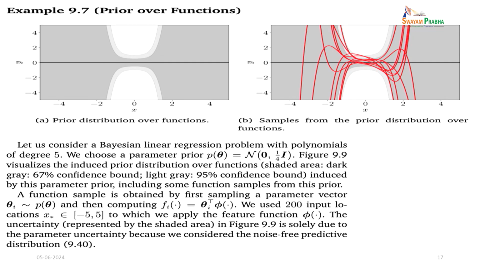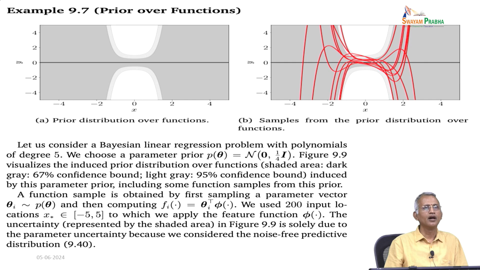So, this is the graph that represents the prior over functions. The first one shows the prior, and the second one is a sample from the prior distribution over the function.